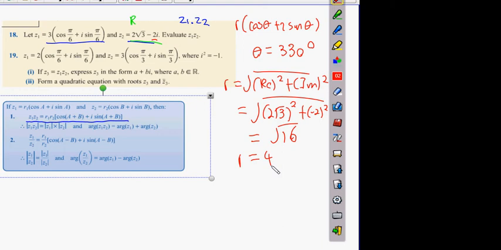Now we can write this in polar form: r is 4, so it's 4 times cos 330 plus i sin 330. That's it done for us already.